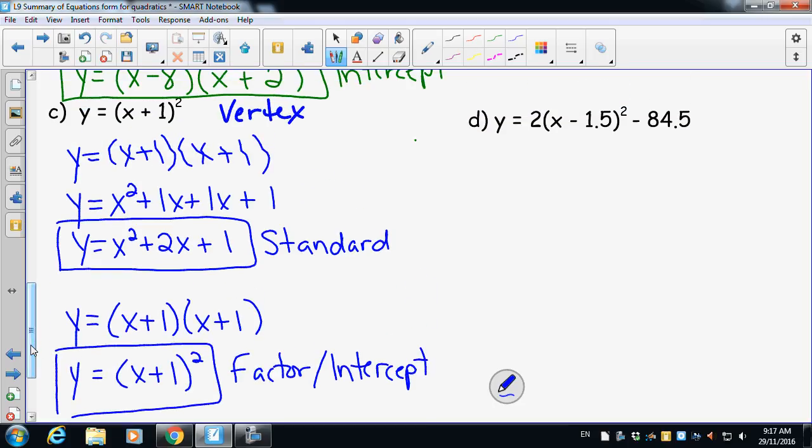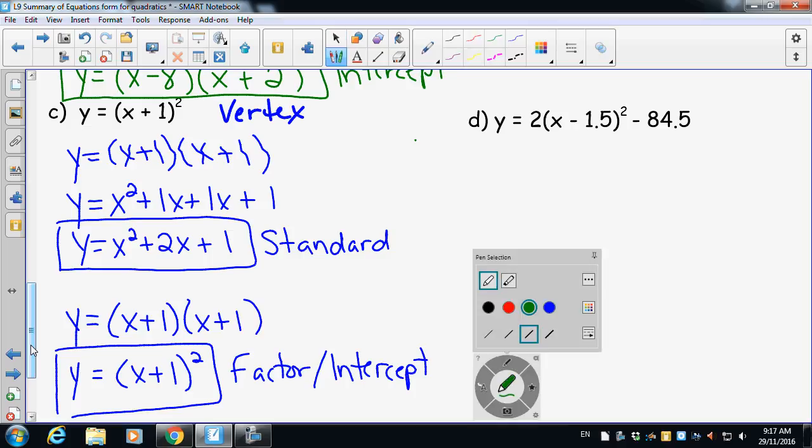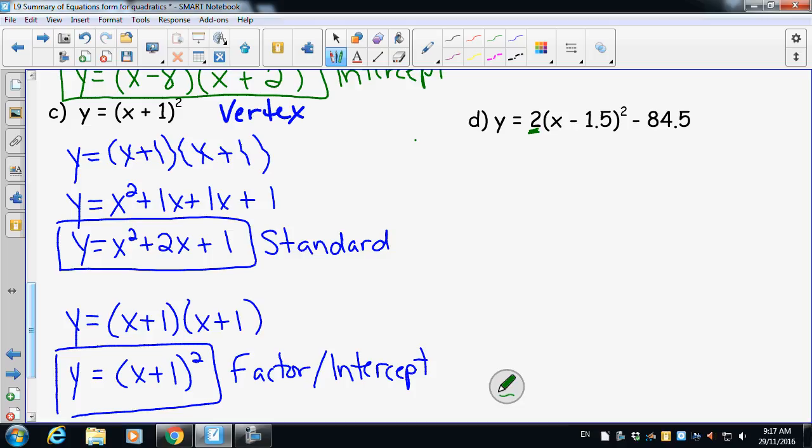All right, and the last one, a little more complicated because it has this crazy number at the front that none of the rest of them had. But we're still going to do our algebra. So the first step I'm going to do is write out my brackets. Now, there's a few ways you can deal with that number in front.